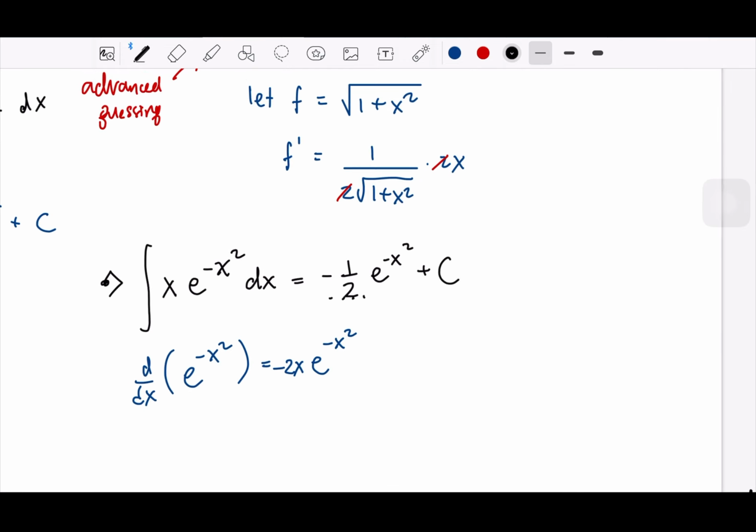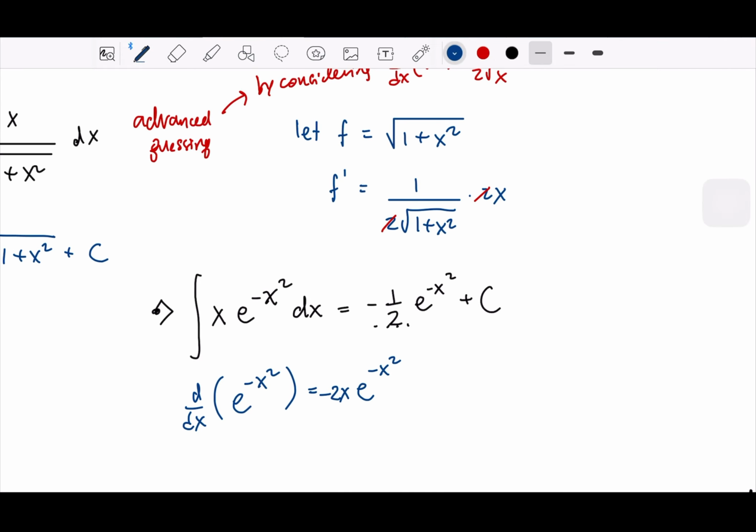Or if you maybe want to confirm, then you could try the substitution. So you can try substitutions with negative x squared, and then you can have du is negative 2x dx, and dx is negative 1 over 2x, and you see that there will be e to the u, but we have this multiplication, so negative 1 over 2x, x will cancel, and the result is the same.